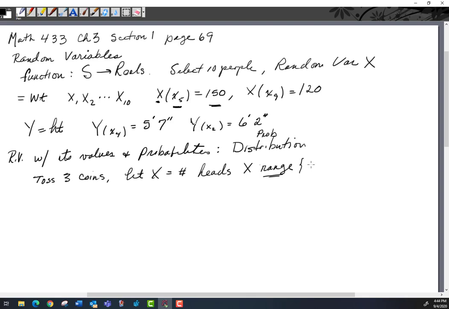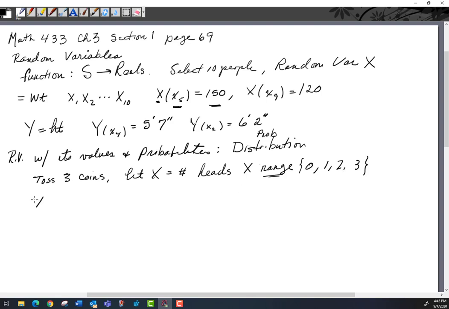It's the range of the random variable x, and it would take the values 0, 1, 2, 3. If I toss the coins and get 2 heads, then on that outcome x maps into 2.